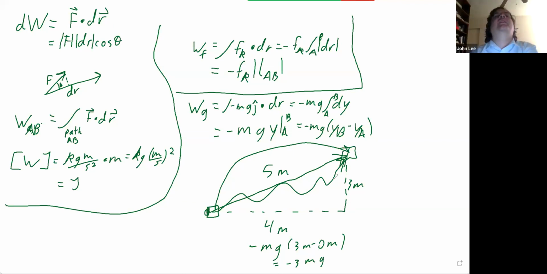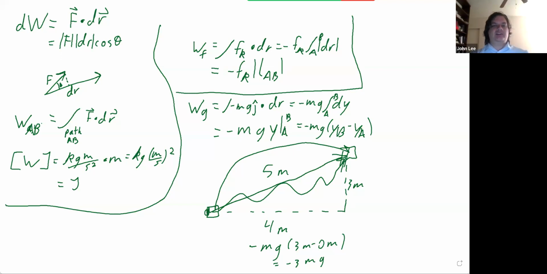So only by knowing the initial and the final positions, you're able to find the work that's being done. That's about the most useful thing that you can know without worrying about the F dot dr, the derivative or infinitesimal part, the dr rather than the delta r.